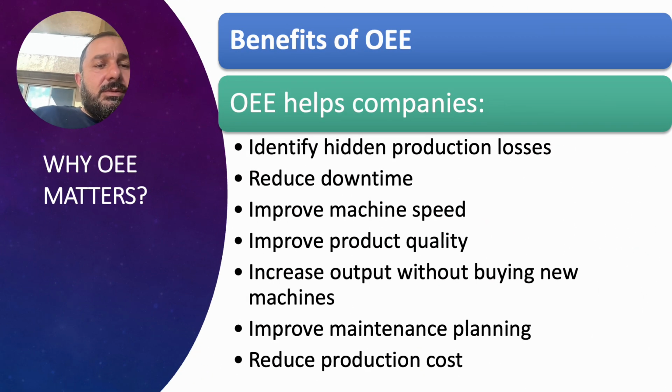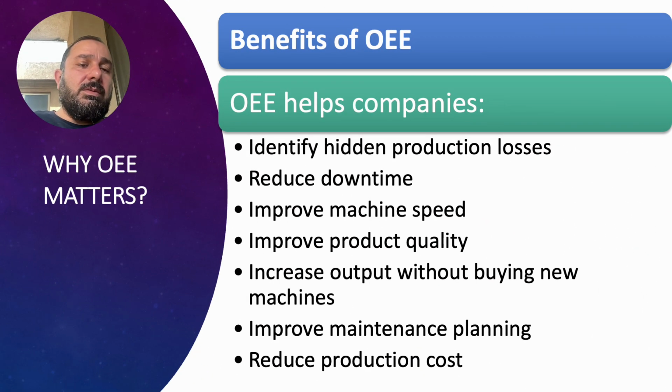So what are the benefits of OEE? Of course, when you have OEE, it helps companies identify their hidden production losses, reduce downtime, improve machine speed, improve product quality, and increase output without buying new machines. Because if you have a line that is working and you have already paid a lot of money for it, why should we add another line, add space, add workers and employees, when I can just perform with what I have? That really reduces a lot of costs for companies.